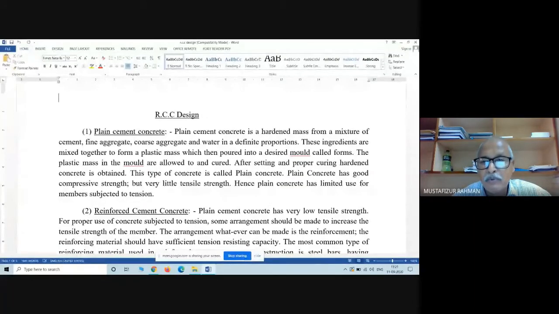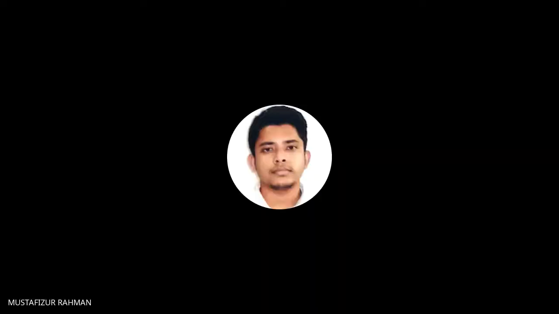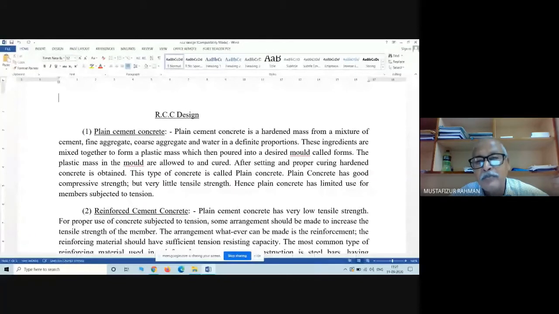Say for a residential building, the depth of the beam required may be 1.8 meter, and the size of the column may be 1.8 meter by 1.8 meter, which is not practically possible.